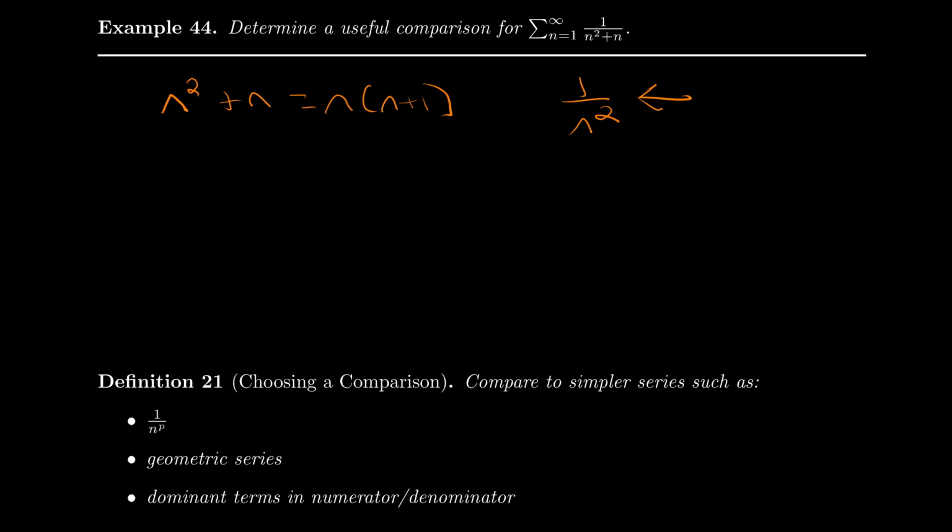Does this converge or diverge? It converges. Why does it converge? Because it's a p-series with p bigger than 1. It's 2. This is going to converge. So since it's going to converge, then the setup is this. The thing that we're investigating needs to be hemmed in. Those pictures are actually how I remember this.